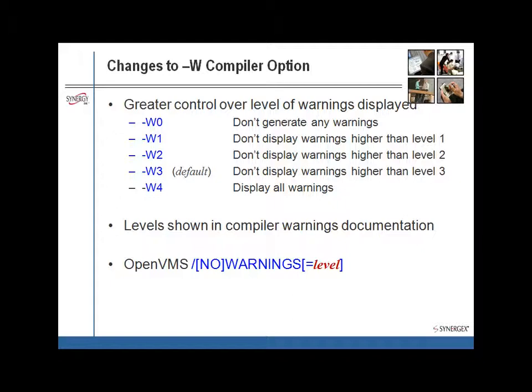The default warnings are represented by level 3. All warnings can be seen by changing the warning level to level 4, or certain types of warnings can be suppressed by reducing the warning level to level 2 or 1, or even level 0, which will suppress all warnings. For more information about the specific compiler warning levels and which warnings belong at which level, please refer to the language documentation.